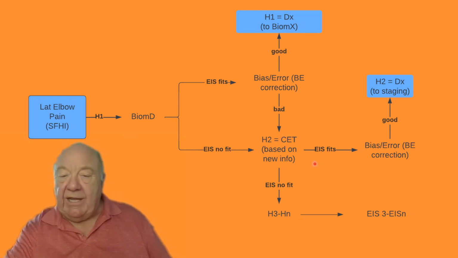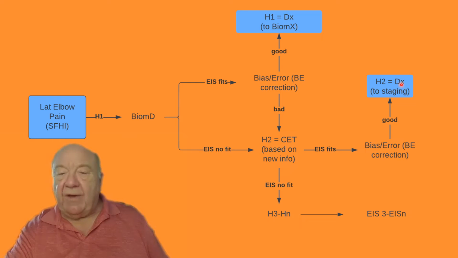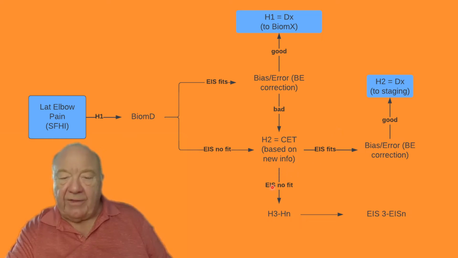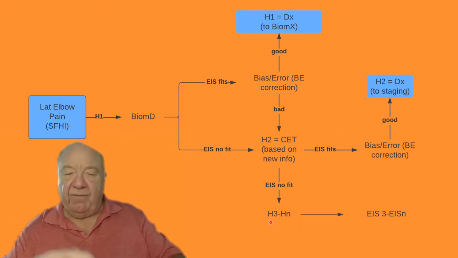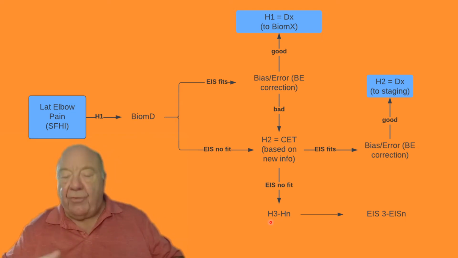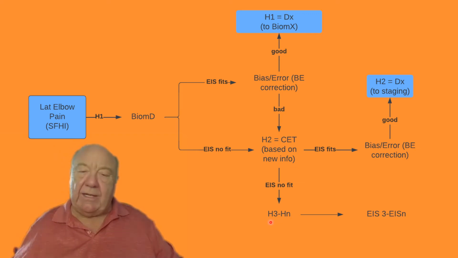And again, if that EIS fits, then we attack it with bias and error correction. If that's good, then we have H2 equaling the diagnosis, and then we move on to staging. If the EIS doesn't fit, then we need H3, and that works out the same way. If it fits, H3 becomes a diagnosis. If it doesn't, we move on to H4 through HN until we come to one that works.